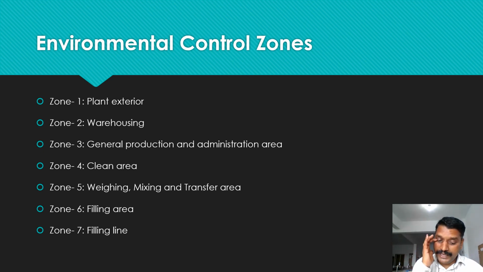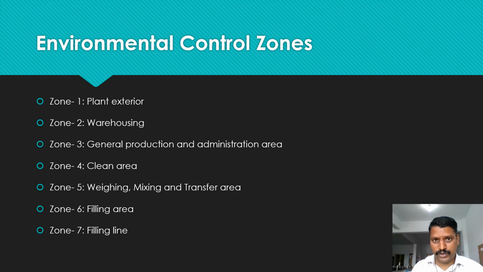Windows and openings into the area are usually well sealed. The air handling system removes most airborne contamination in the visible range. The air handling system means the HVAC system. During the preparation of sterile dosage forms, you need to use constant environmental conditions.